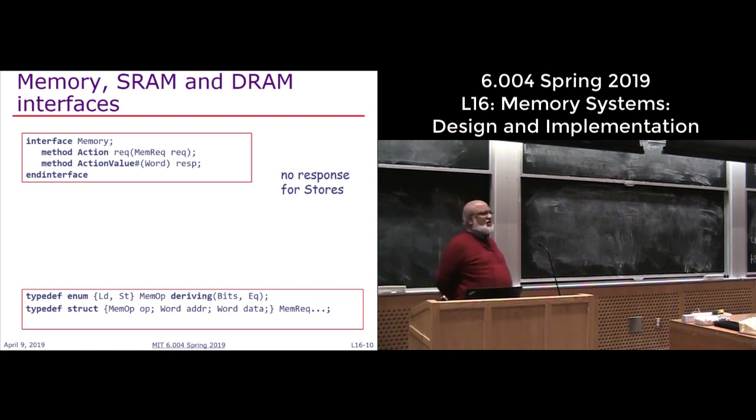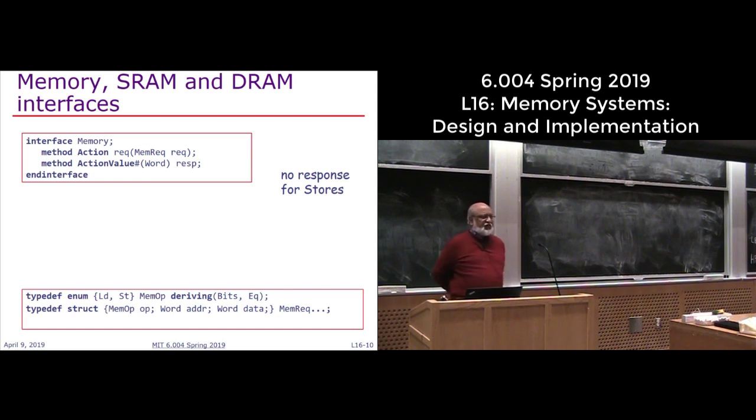You have already seen the interface for memory. We send memory requests. What does a request look like? It's either a load or a store, and for either case, load or store, you have to supply an address, and in case of a store, you also have to supply some data.